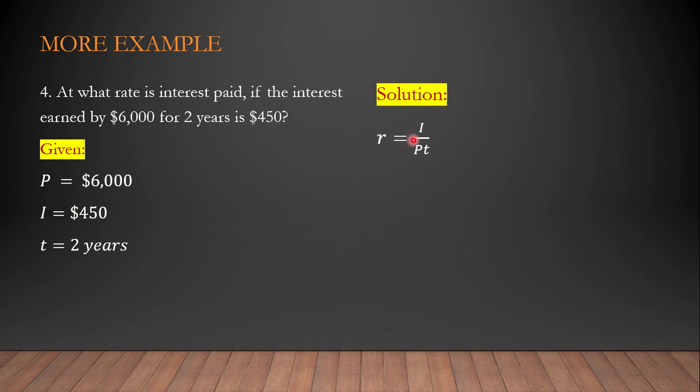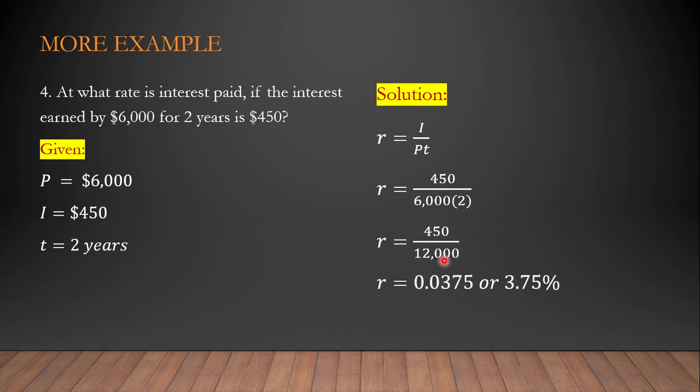So, R is equal to I over P times T. Then, substitute yung mga value. So, 450 divided by 6,000 times 2. So, ayan. 6,000 times 2 is 12,000. Kaya ganito yung kinalabasan. Then, input sa calculator.